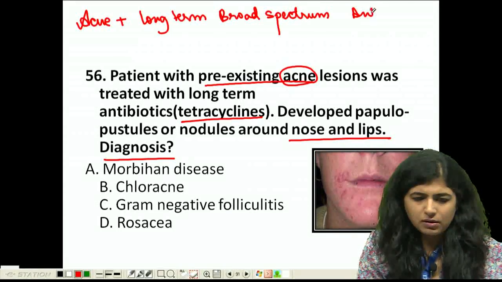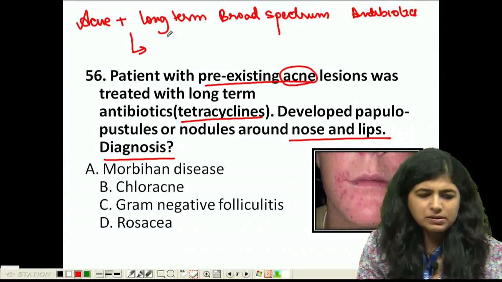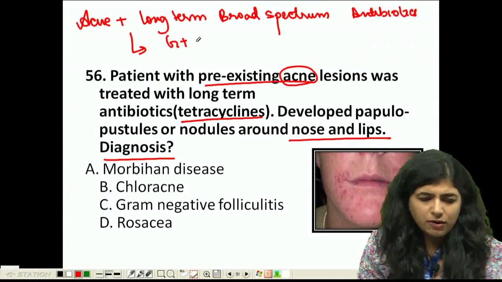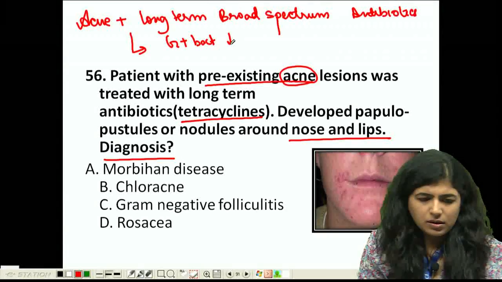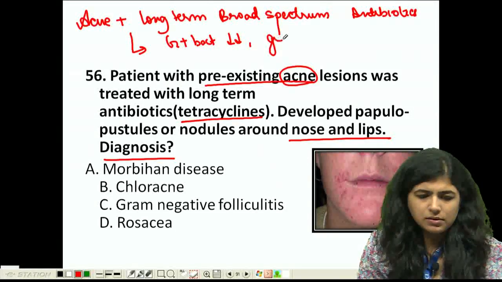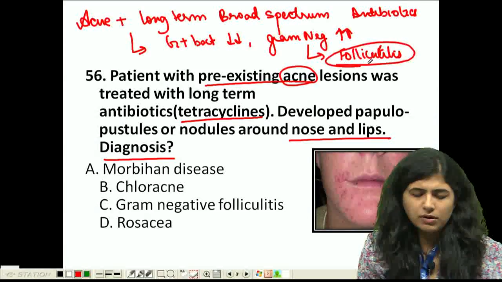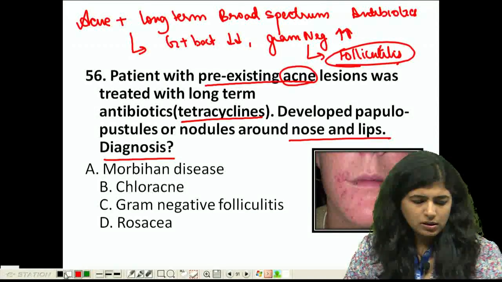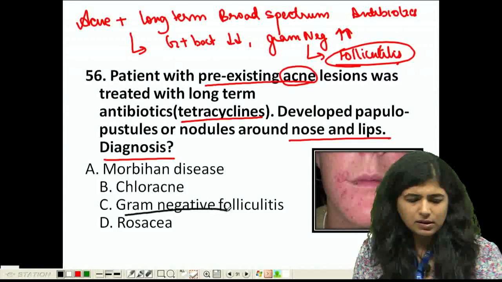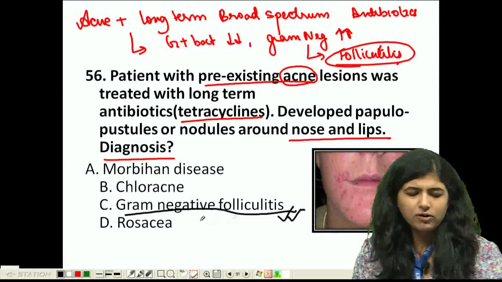broad-spectrum antibiotic like tetracycline, what happens is gram-positive bacteria decrease, gram-negative bacteria increase. This causes folliculitis by gram-negative bacteria. So, the answer here is gram-negative folliculitis.